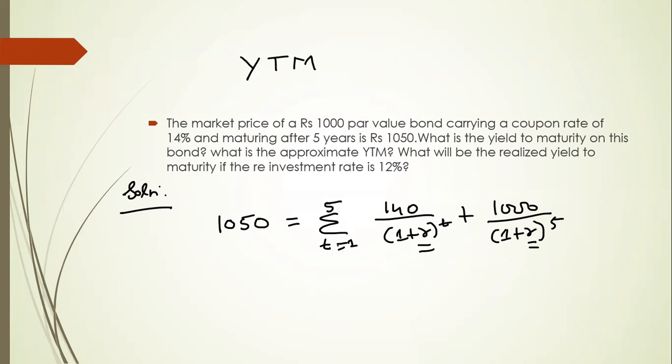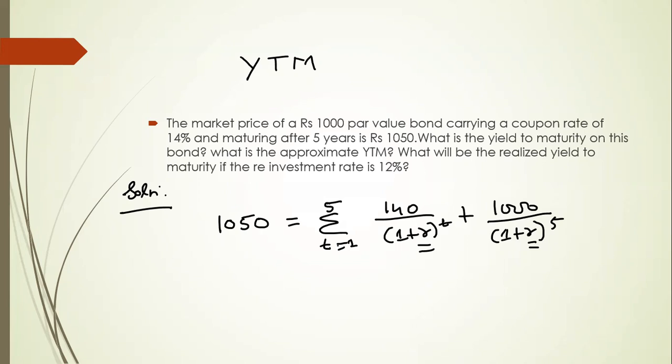So this can be solved with the trial and error method. Now the par value is 1000 and the price required is 1050, so we'll go with trial and error. First we will go for 13%. You can try 11, 12, 13, 14.